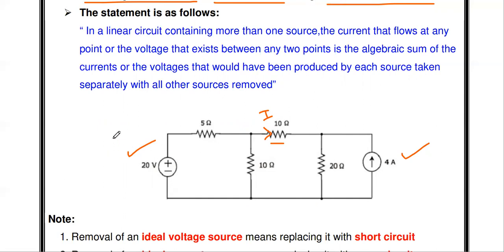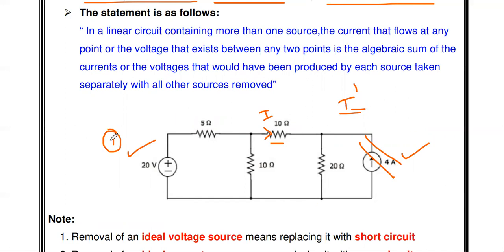In case one, step one, activate the 20 volt battery and deactivate the 4 amp current source. Then find the current flowing through the 10 ohm resistor due to the 20 volt source; take it as I dash, or I1.